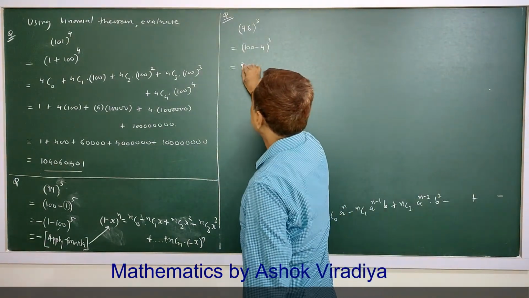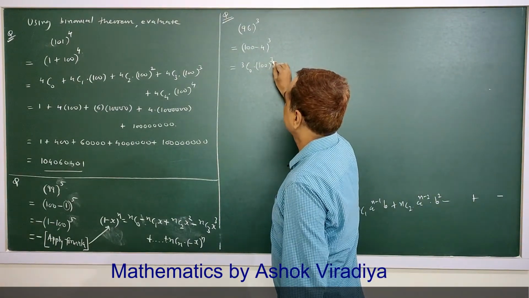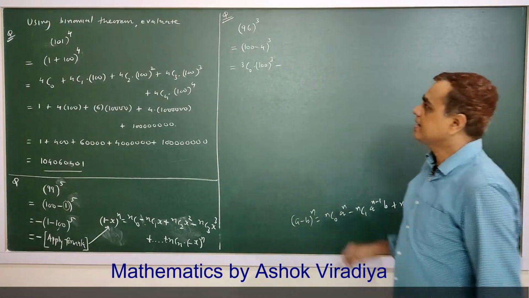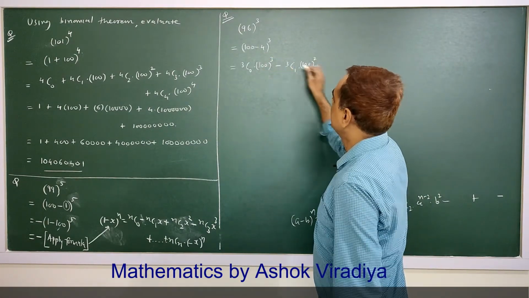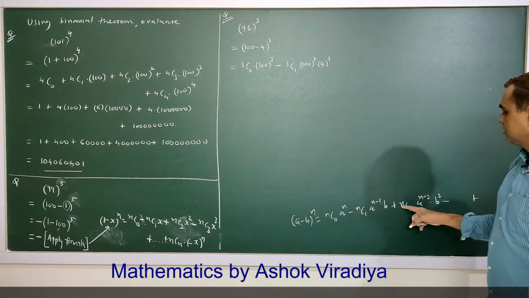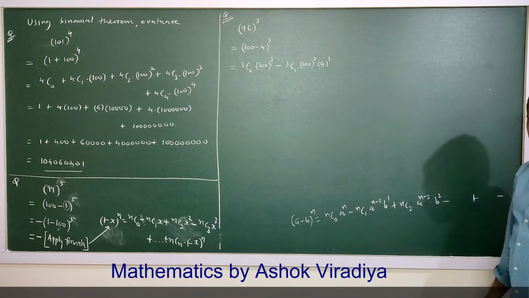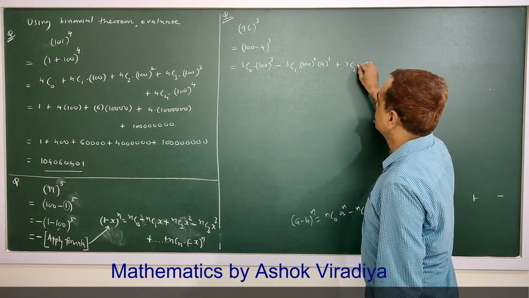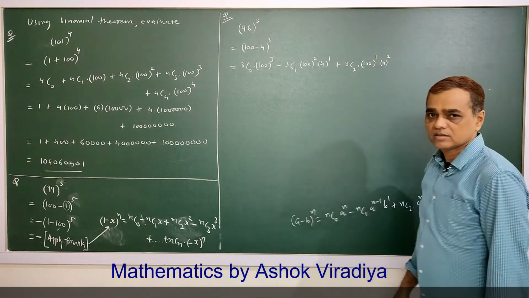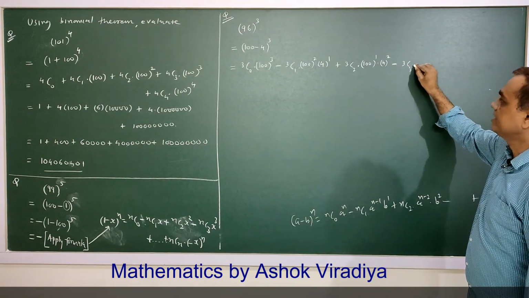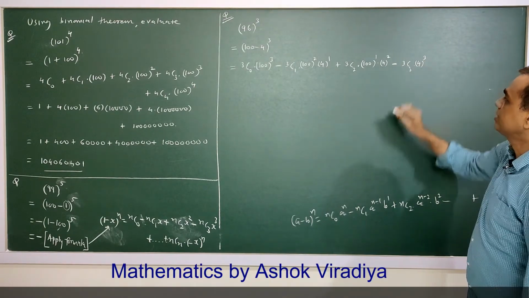So here nC0 a raised to n, then minus nC1, now a will decrease and b will start, a raised to n minus 1, b raised to 1, then plus 3C2 100 raised to 1 into 4 square, then minus 3C3 100 raised to 0, that is 100, 4 raised to 3.